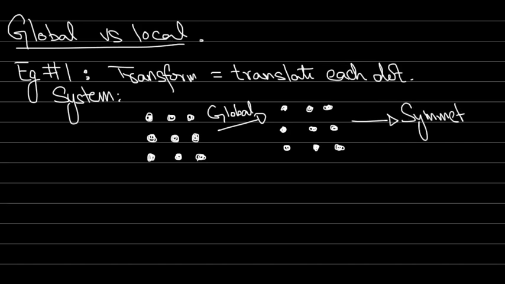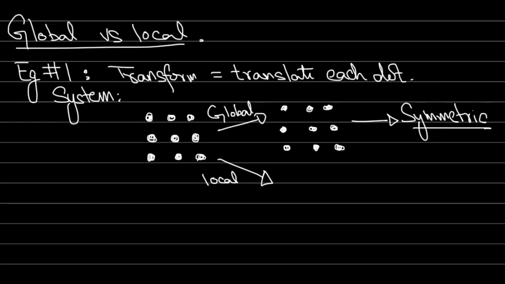So if we performed a global transformation, our system remained symmetric. However, there is another one, that is local now. If you perform a local transformation, that means that you translate each dot in a way that your system does not remain symmetric anymore.